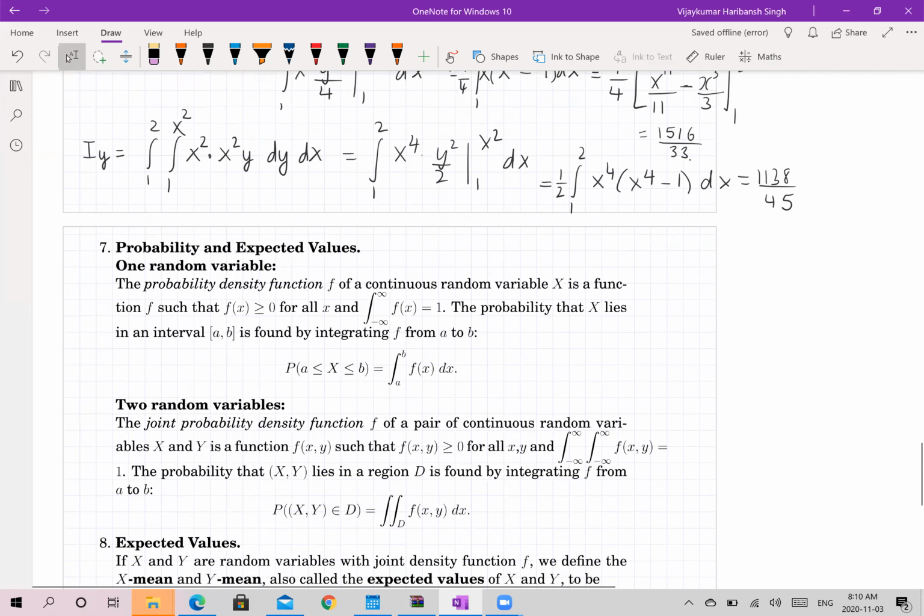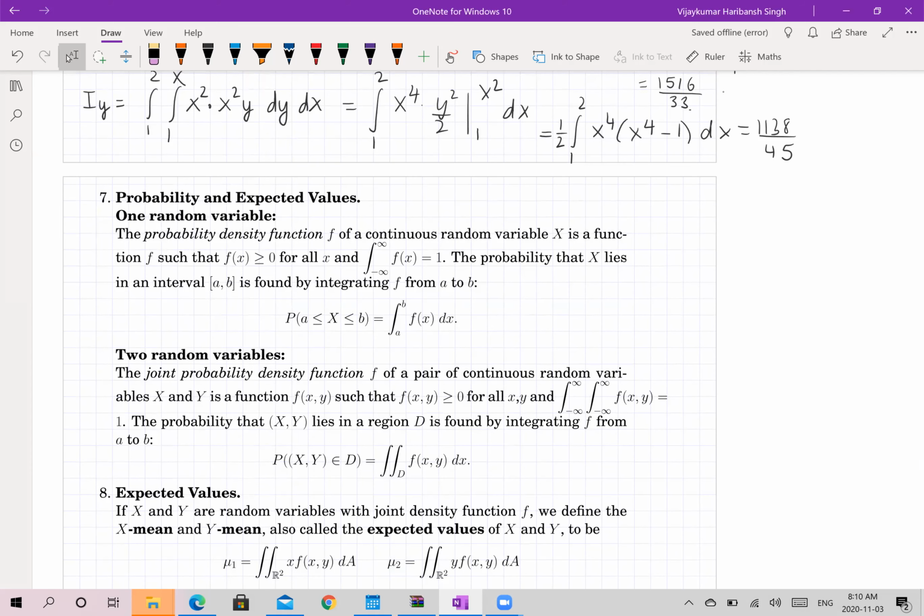All right, so next application, in fact quite an interesting application, is seeing probability as an integral. So recall, if you're given the probability density function f of a continuous random variable x, what does this probability density function satisfy? It satisfies f of x is greater than or equal to 0.